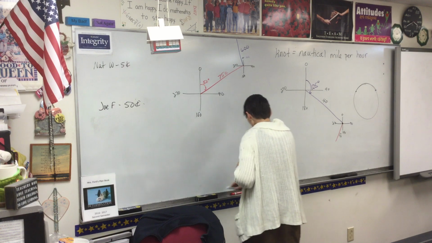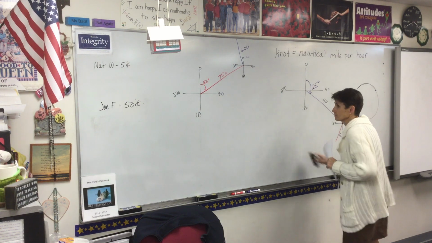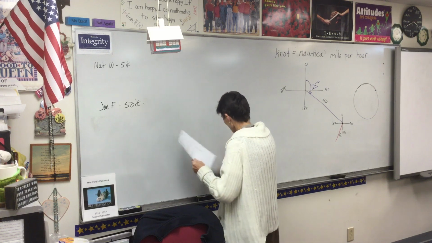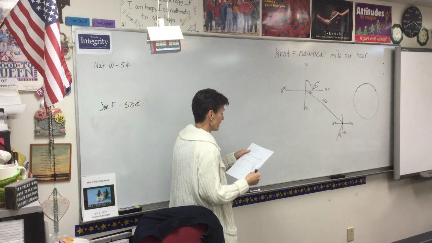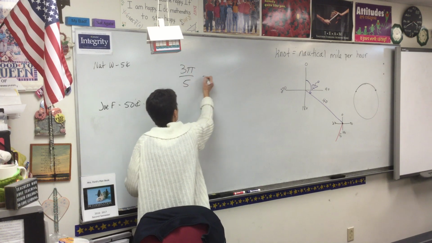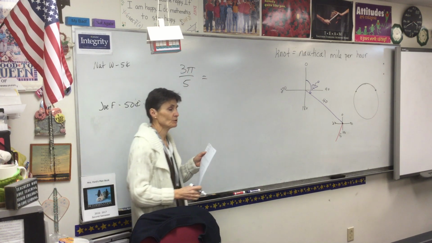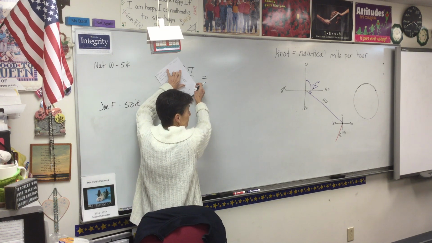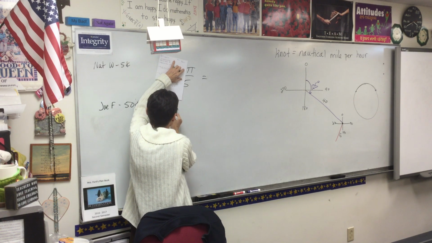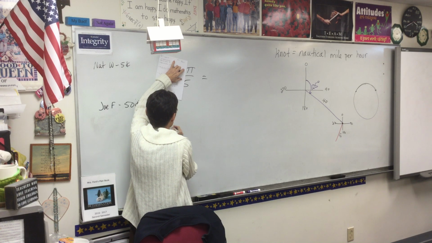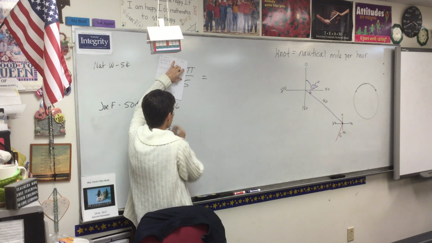Alright, so let's see what we remember. Pre-test number 1, no calculator, change to degrees. Oh my goodness, you ought to be able to do this. 180. So that's 180. We're going to divide that by 5. 36.